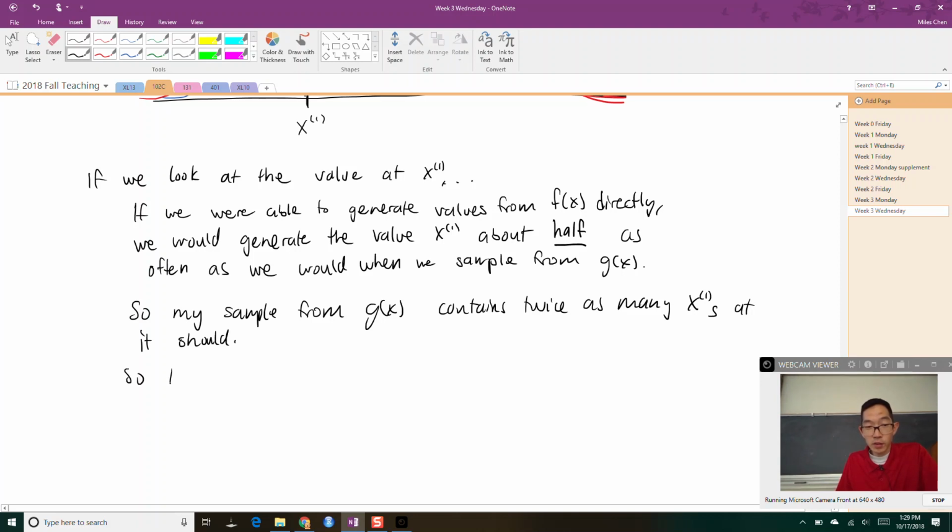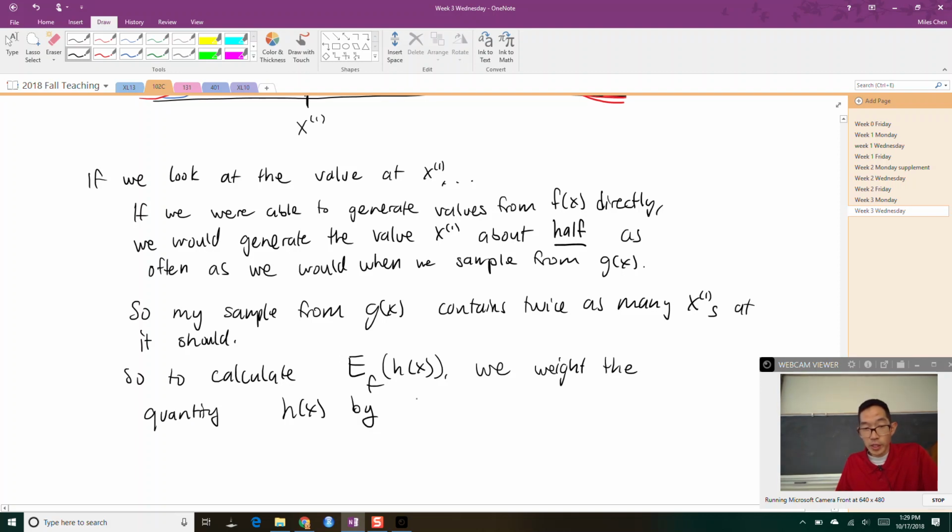So to calculate the expected value of h of x over f, we weight the quantity h of x by basically 1/2, the ratio of f of x divided by g of x.